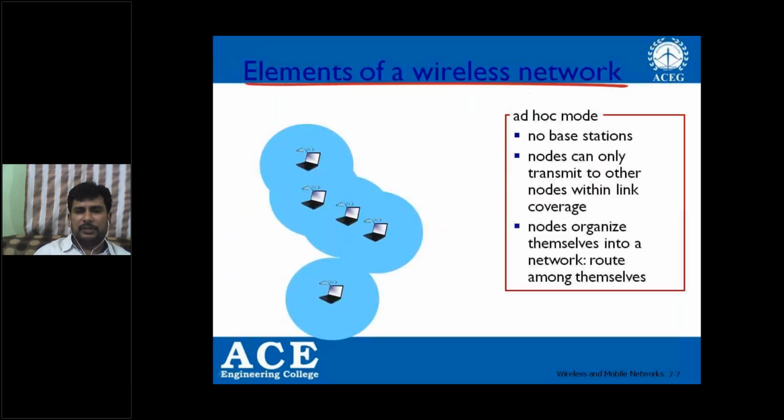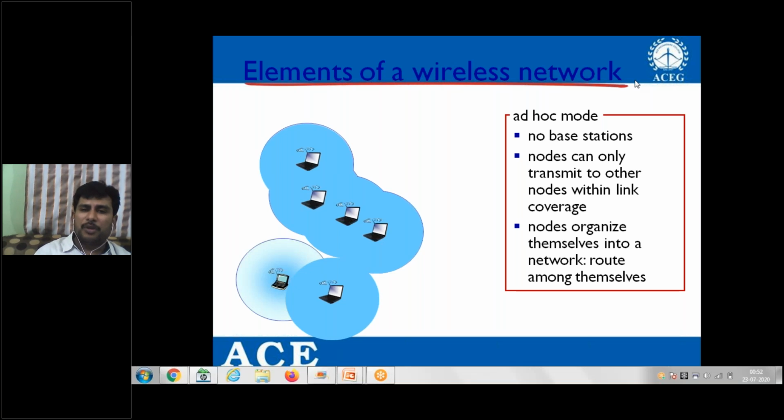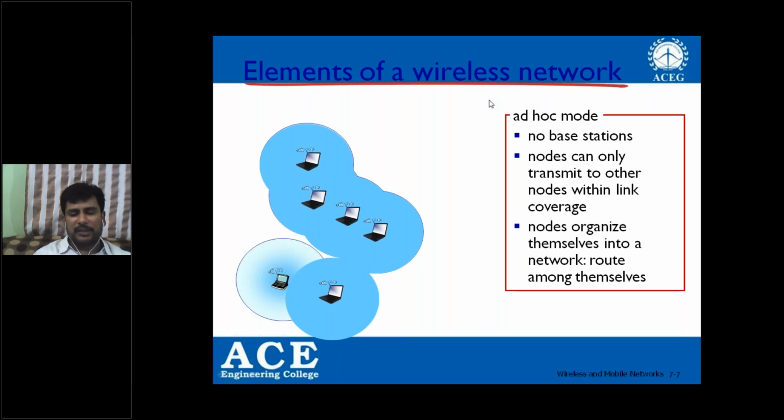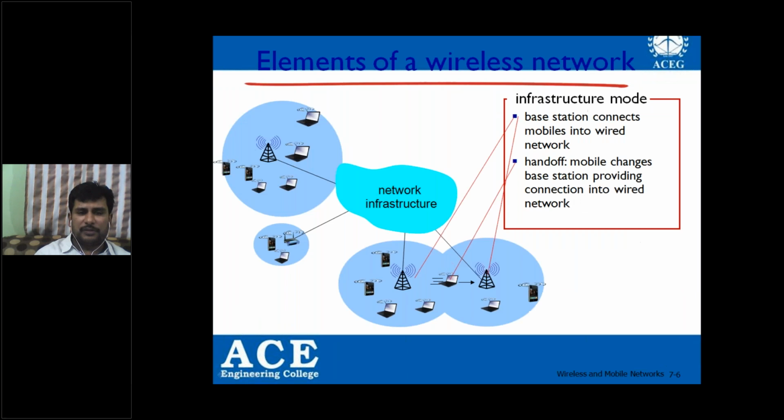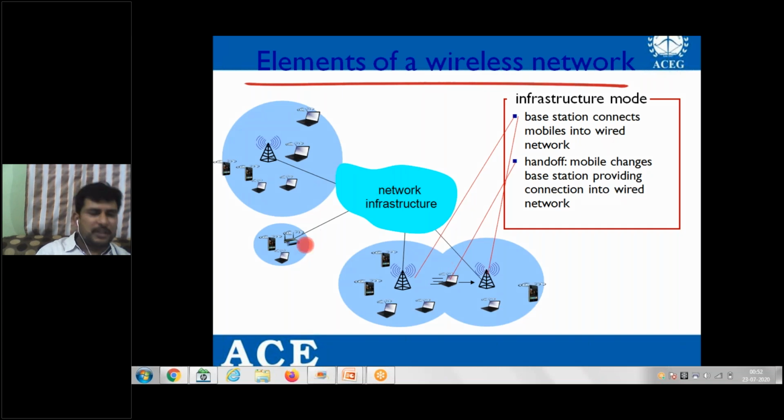And let me just complete the last one in these elements, which is called ad hoc mode. If you refer to the previous slide, you could find that in one of the cases there are only devices which are connected and there is no base station controlling those devices.